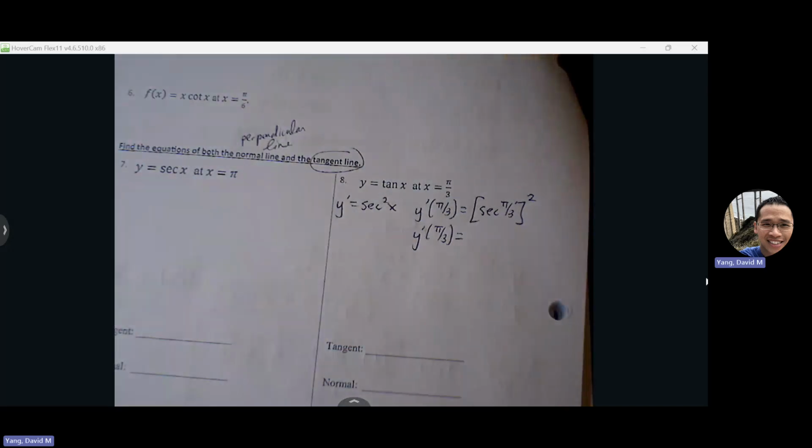You know, secant is related to cosine. Cosine of pi over 3 is 1/2. You flip it, you get 2.